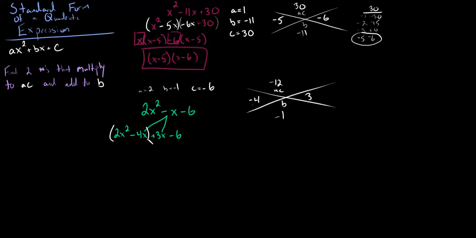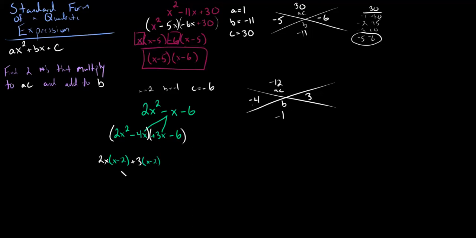And now we go ahead and we factor by grouping. So we group the first two terms, we group the last two terms, and then we take out a greatest common factor of each group. So in this first group, between 2x squared and -4x, I can factor out a 2x. And when I factor out a 2x, that leaves me with x minus 2. And between 3x minus 6, I can factor out a +3, which will leave me with x minus 2.